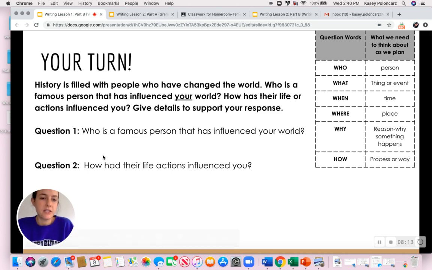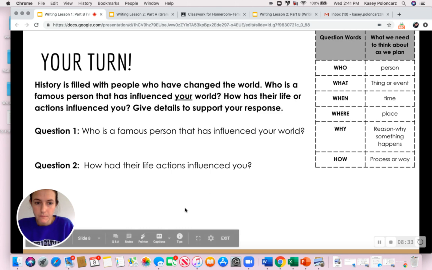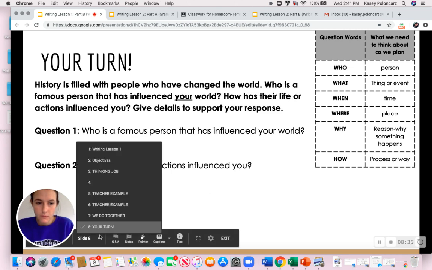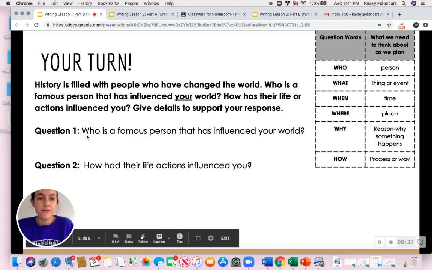Because this is our first day doing this objective, I thought that I would break it up and give you the first question. So the first question is, who is a famous person who has influenced your world? And the second question is, how have their life actions influenced you? Now you're going to go to your Google form, and you're going to fill this out.